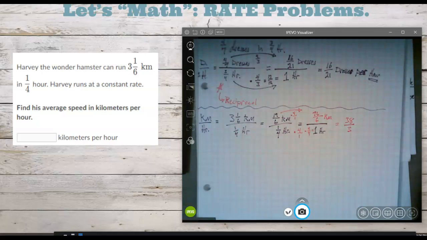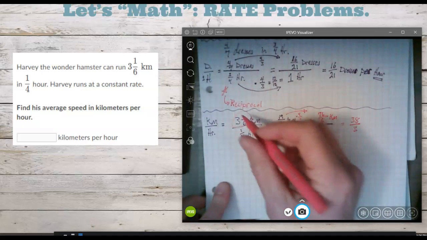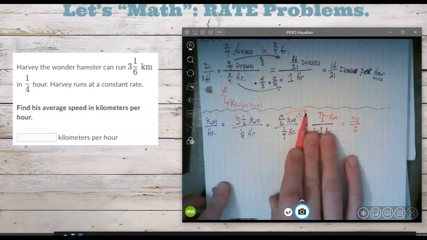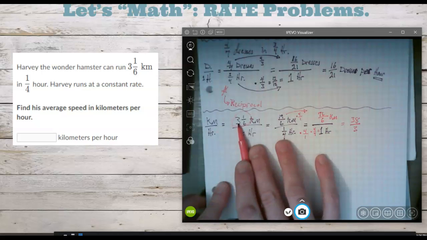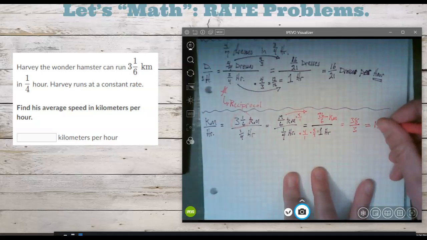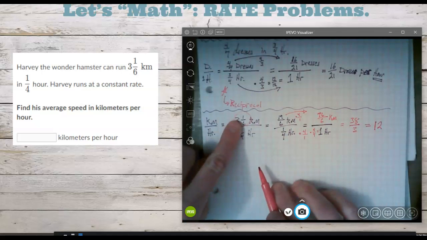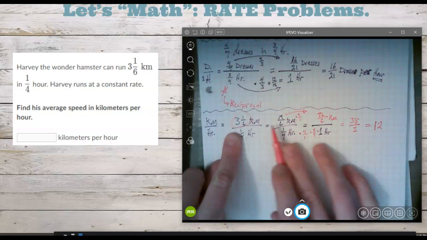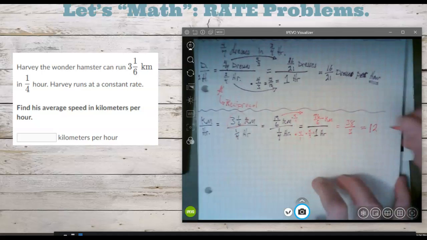Now the other thing we could do is if we come back here and say, well, we're going to multiply by 4. What's 3 times 4? 12. What's 1/6 times 4? 4 over 6.